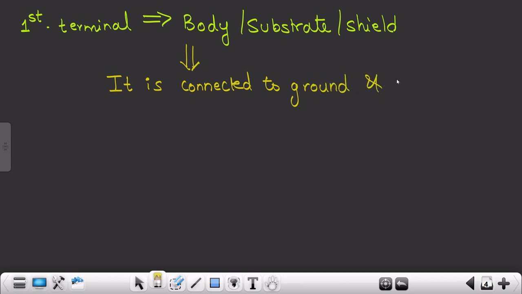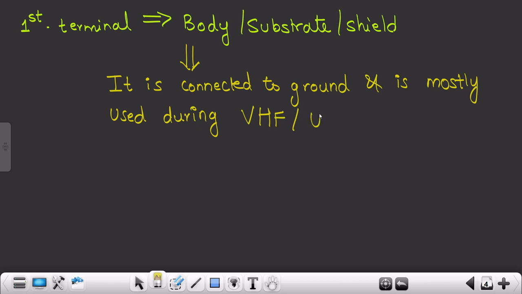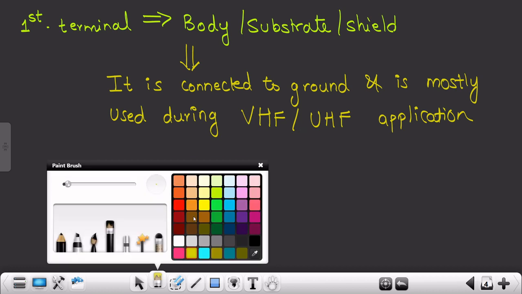It is mostly used during VHF or UHF applications. What is VHF and UHF? Let me write over here.